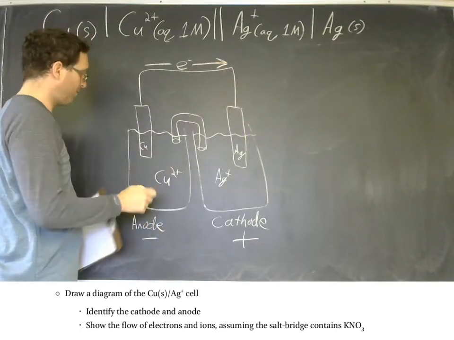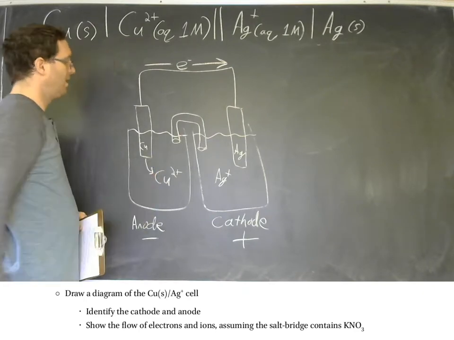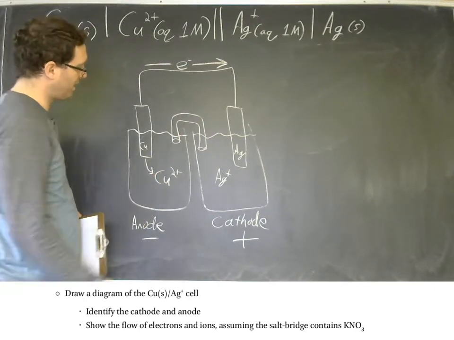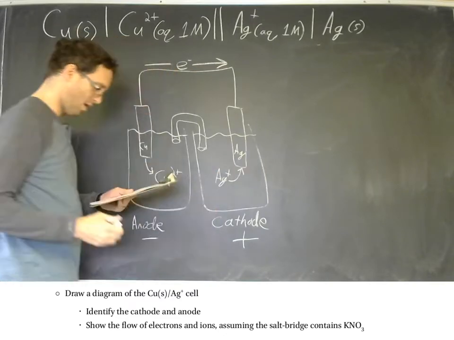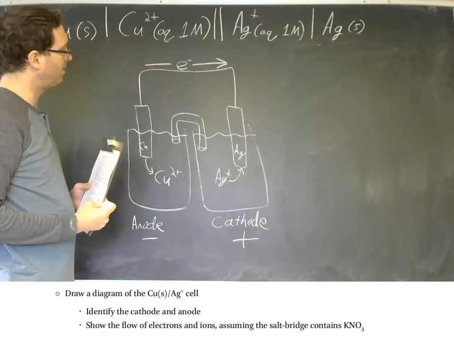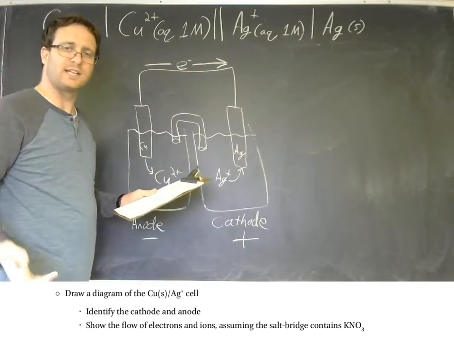And the flow of ions. So copper is going to be generating copper 2 plus ions. Silver 1 plus ions are going to be plating onto the silver. And then it says to assume that the salt bridge contains potassium nitrate.